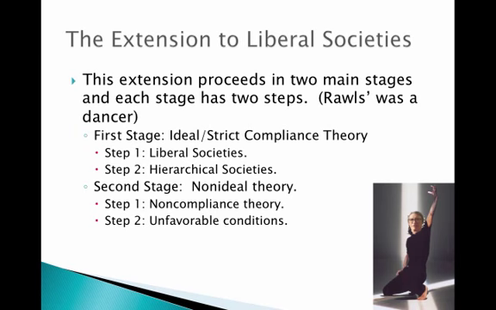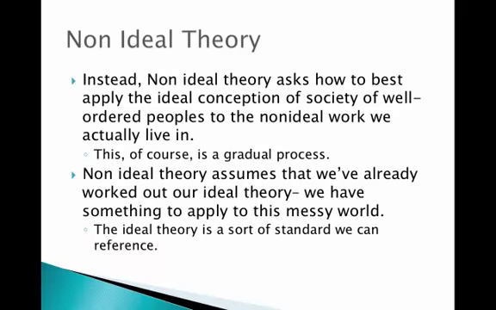And then step two, the law of peoples agreed upon is extended to hierarchical societies. The second stage, which we're looking at today, deals with non-ideal theory, which again has two steps. One deals with non-compliance theory, and the other deals with unfavorable conditions. So we're going to look at what Rawls has to say about steps 1 and 2 as well as the second stage as a whole.